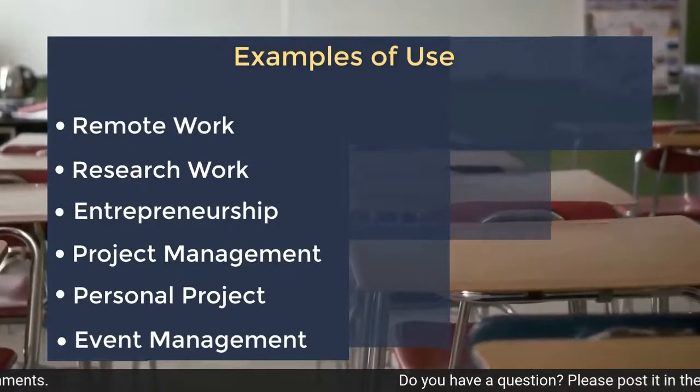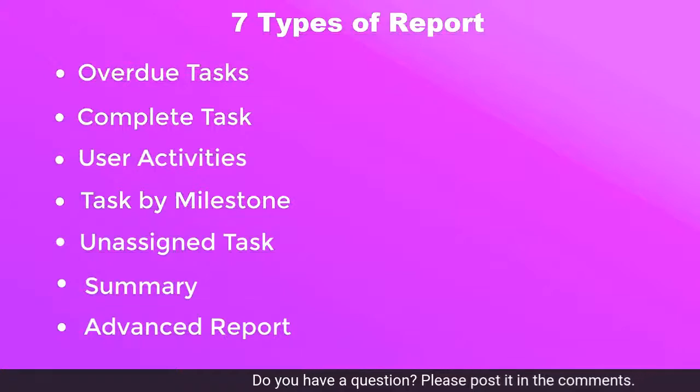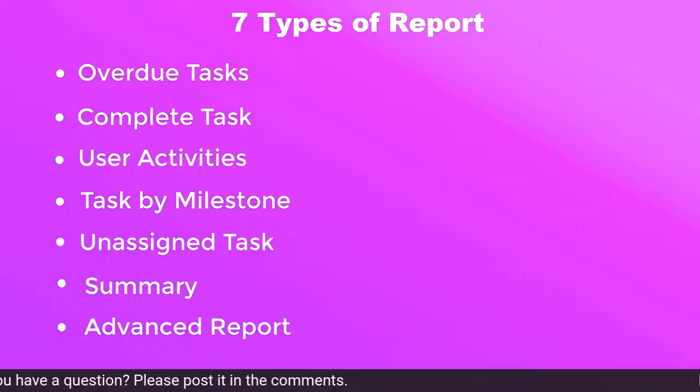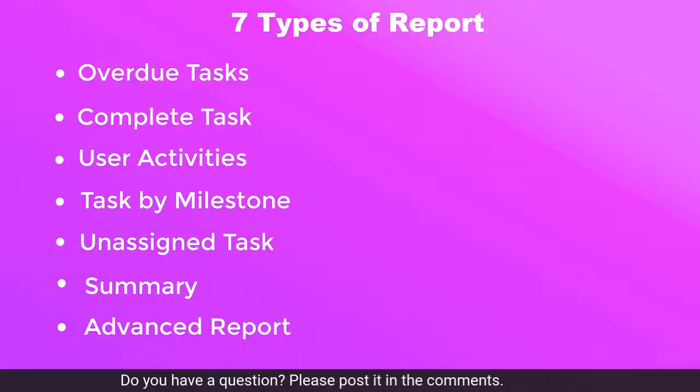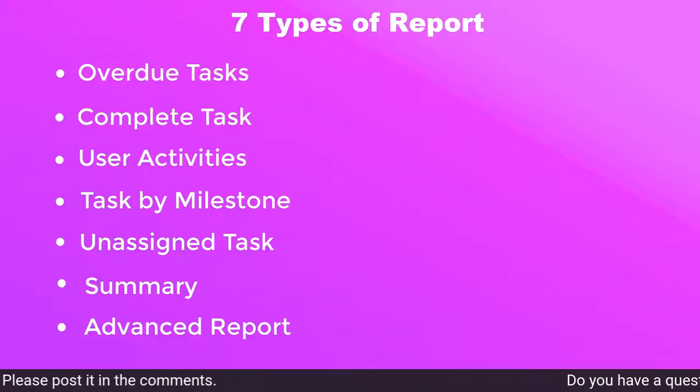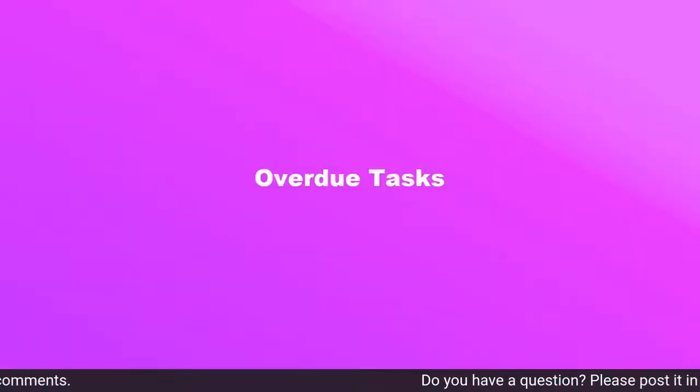Now let's come to the point. With WordPress Project Manager, you can generate seven forms of reports. They are overdue tasks, completed tasks, user activities, tasks by milestone, unassigned tasks, summary, and advanced report. We shall start with overdue tasks.